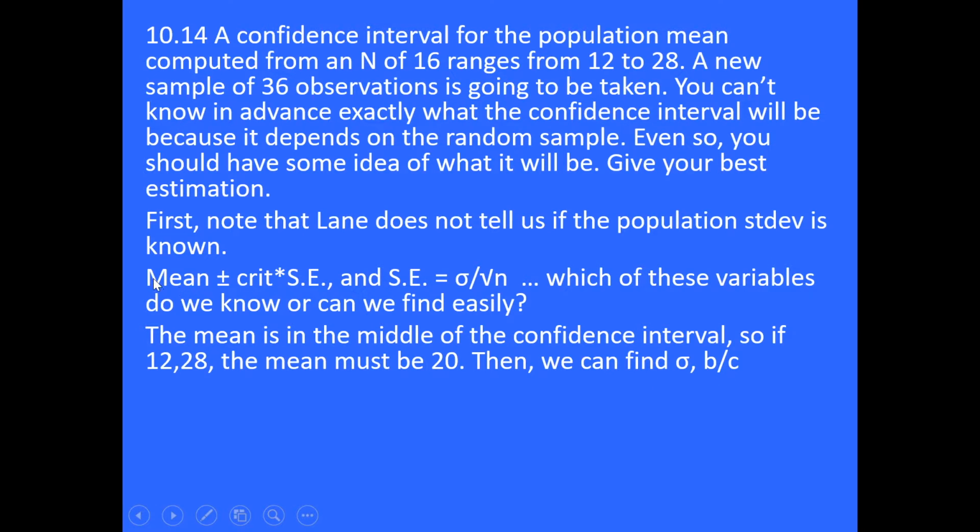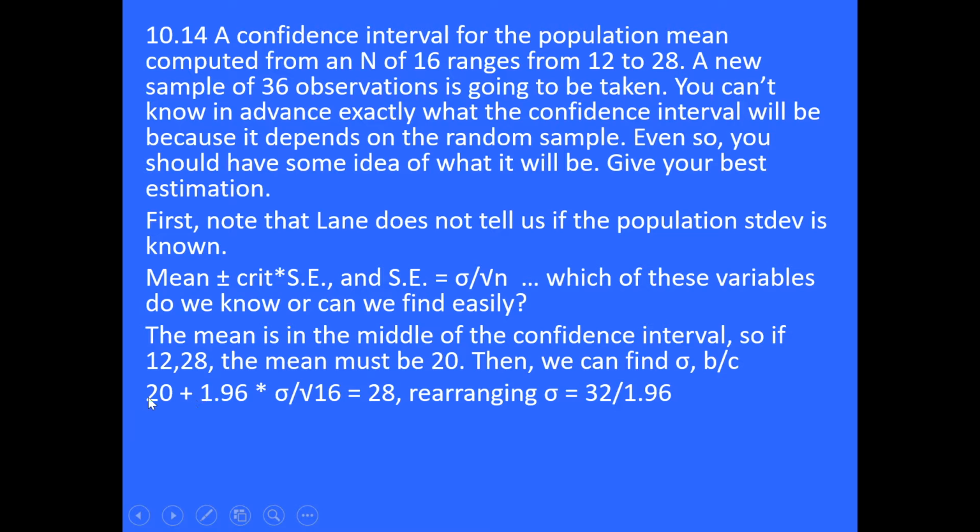What we can do is fill in what we know. So rewriting this formula to get the upper value, the upper value is 28. The only way to get that would be to take the mean plus the critical value times the standard error, which is the standard deviation over the square root of 16.